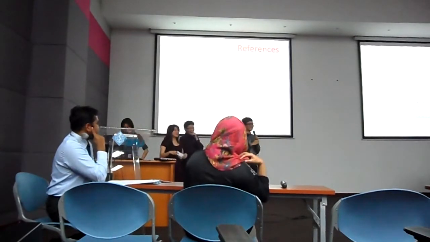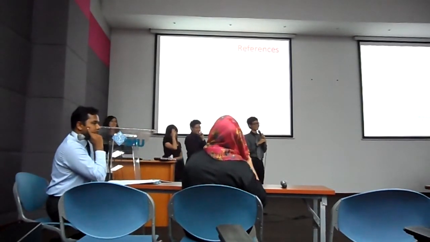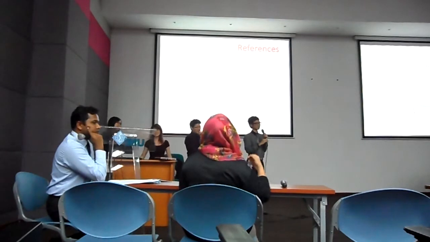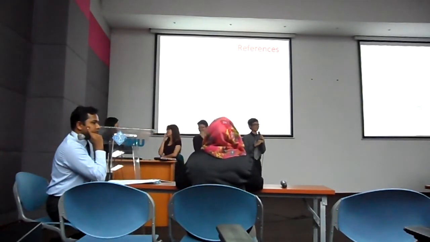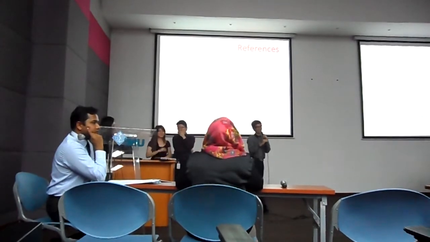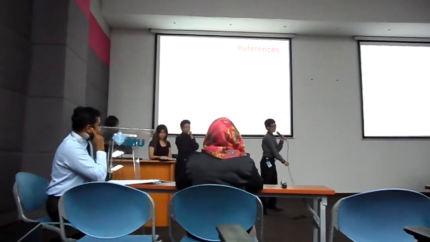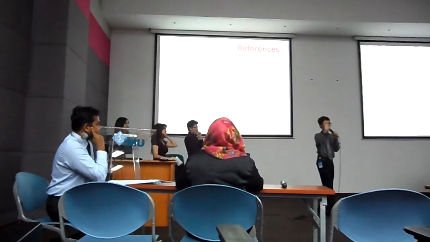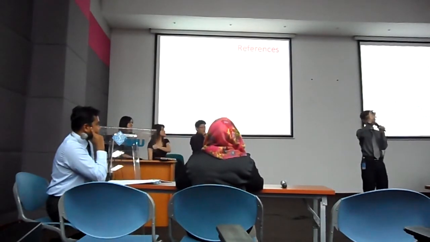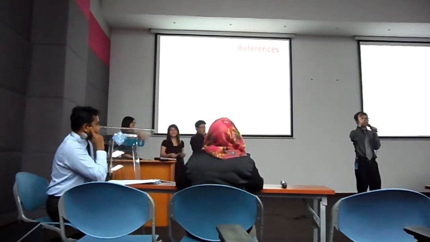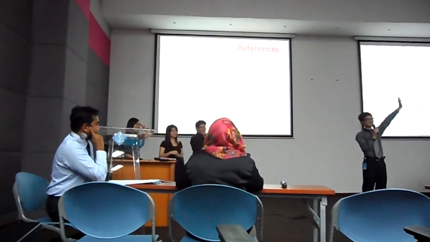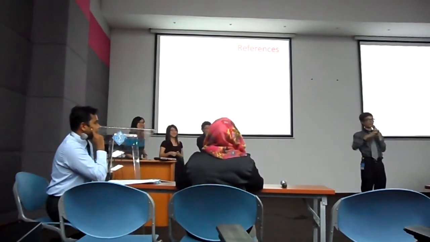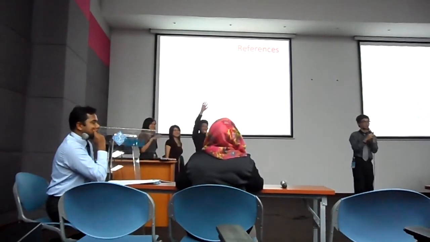Can you explain to me or to the audience what is the right dominant circulation and what is the left dominant circulation? Okay, basically, left dominance and right dominance is like your fingerprint. Everyone has a different fingerprint, right? How many of you are left-handed? How many of you are right-handed? So in the heart also the same.